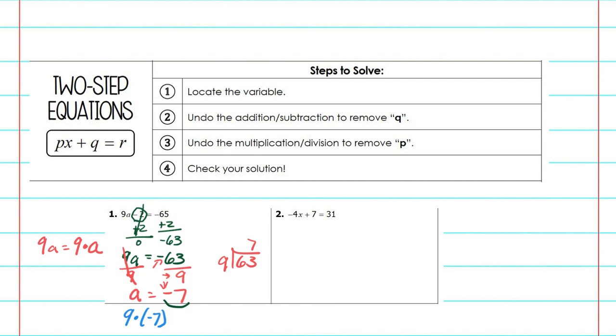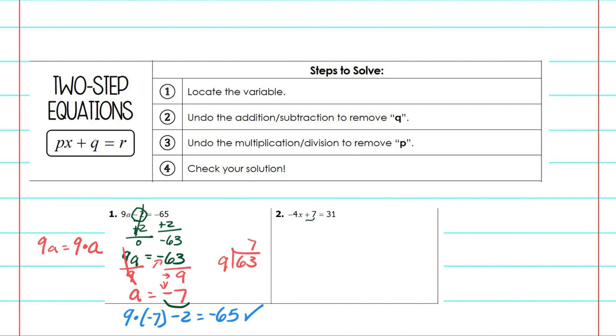If I insert a number into where a variable was, I'm always going to put parentheses around that information. Minus 2, and see what that equals. And go ahead and put that into your calculator if you want. You're going to find out it equals negative 65. That is correct.